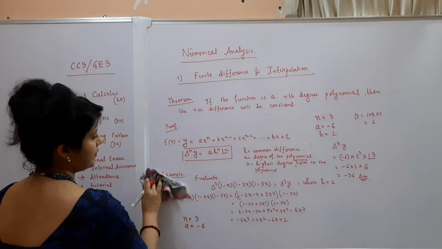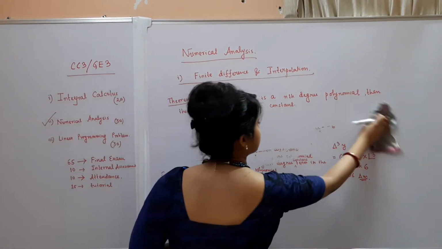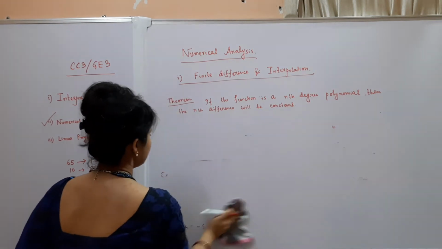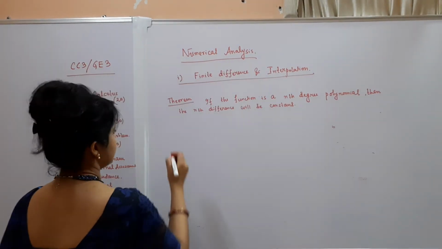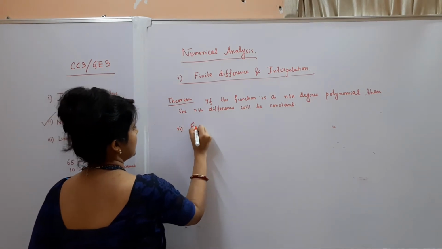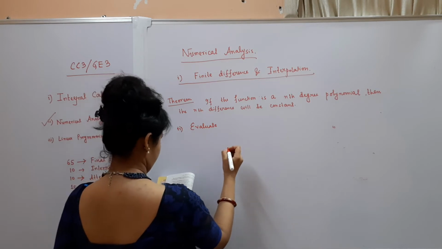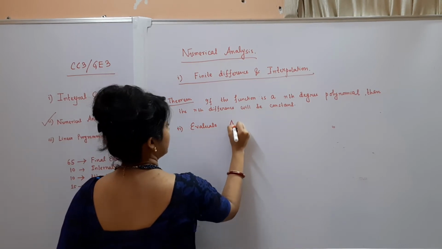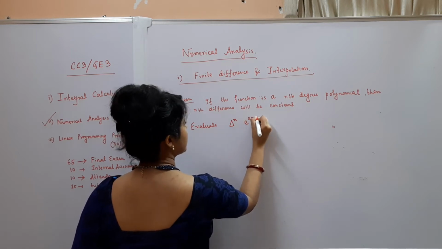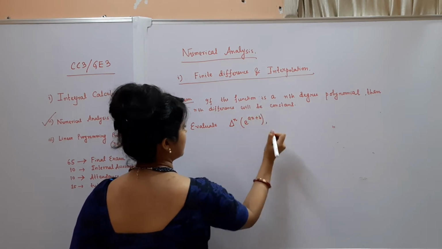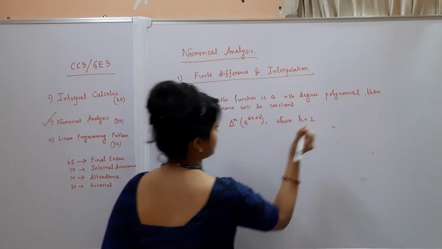Now I am moving to the next exercise. That is, evaluate delta n of e to the power x plus b, where the finite difference h is equal to 1.